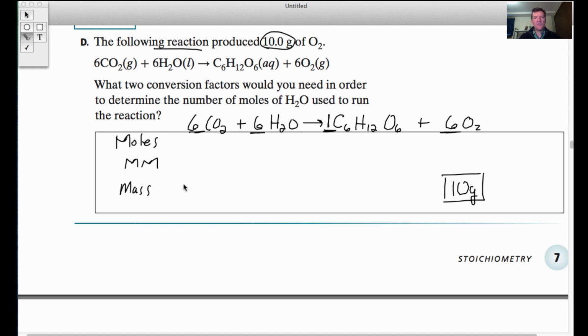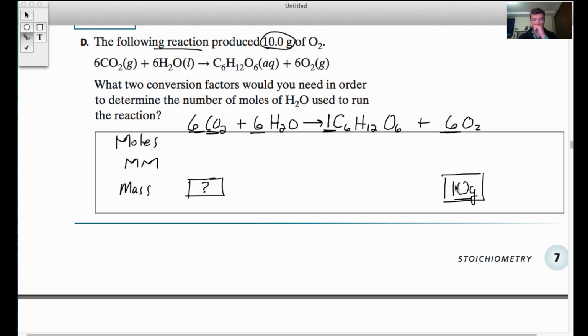So here's the deal. I could find any other value. Let's go way over here and find out the mass of carbon dioxide that must be needed to produce these 10 grams of oxygen. I want to go from this 10 grams all the way over here to find out how much carbon dioxide must be used to produce those 10 grams.